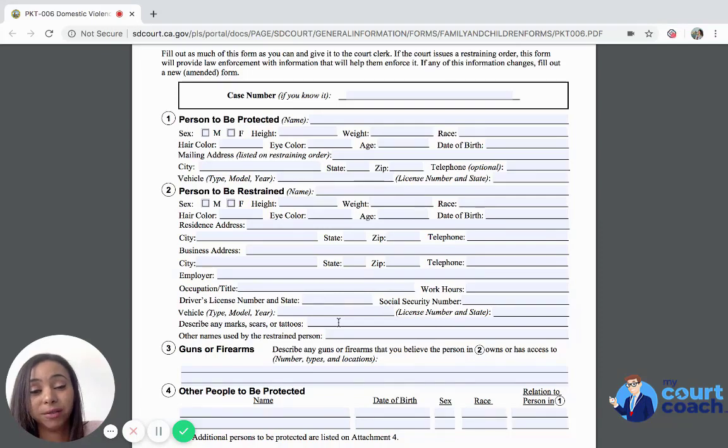So this allows the law enforcement officer to be able to identify the individual specifically, not only based off of their name, but also if they see them and they see that tattoo and it's part of your restraining order packet, then they can easily pick up on that person and know that they're not arresting the wrong individual.